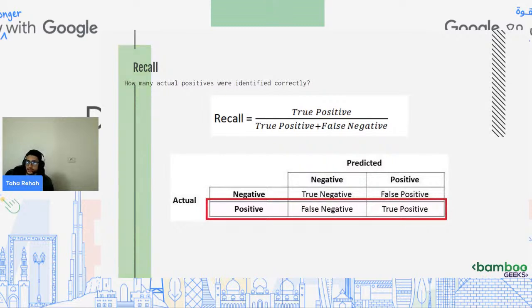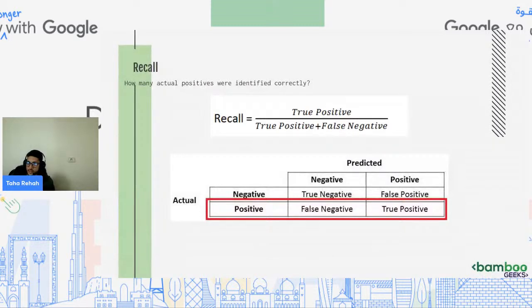So this is recall, and to see the difference: for recall, I'm taking the positive predictions out of all the actual positives, which are true positives or false negatives.